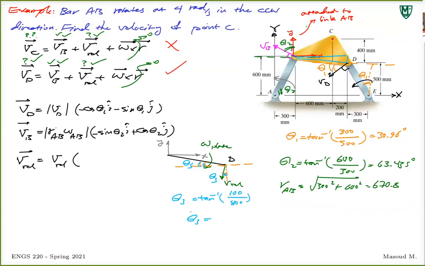So theta 3 becomes 7.125 degrees. So this becomes V relative multiplied by minus sine theta 3 i and minus cosine theta 3 j. These are going to be components in this equation.